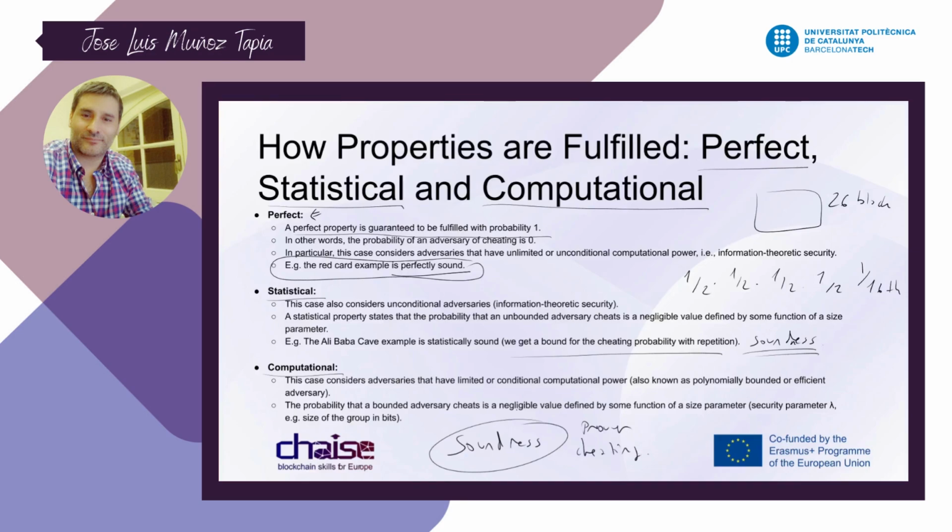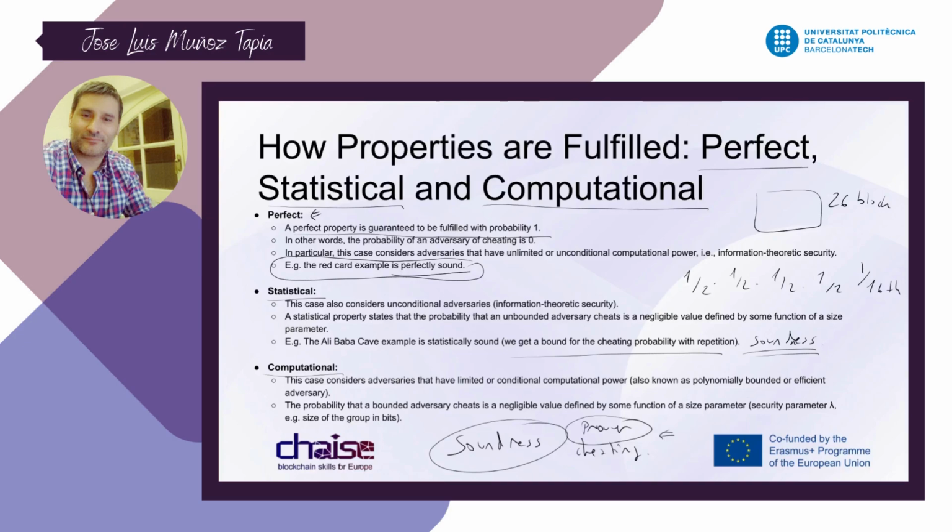Well, in the computational model, the prover is assumed to have a limited amount of resources, not infinitely many. I mean, it has a computer and can do some computations, but cannot, for example, reverse a hash function.